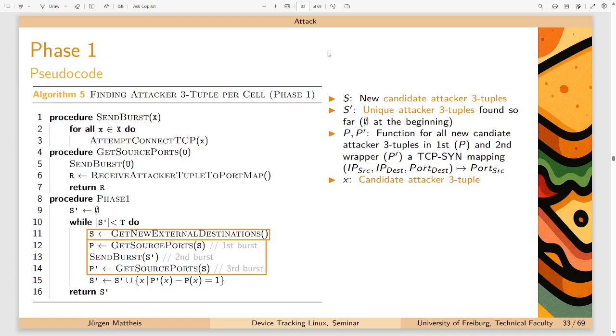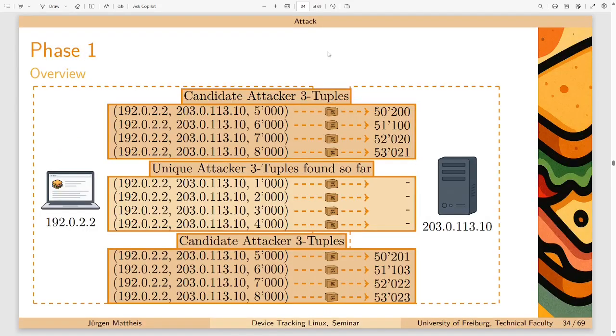And here's the pseudocode of phase 1. We start with getting new candidate attacker free tuples, and then we basically have our sandwiching method. In the wrapper we have candidate attacker free tuples, and in the filling we have the unique attacker free tuples found so far.